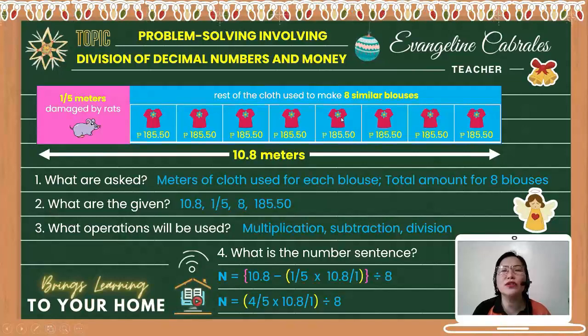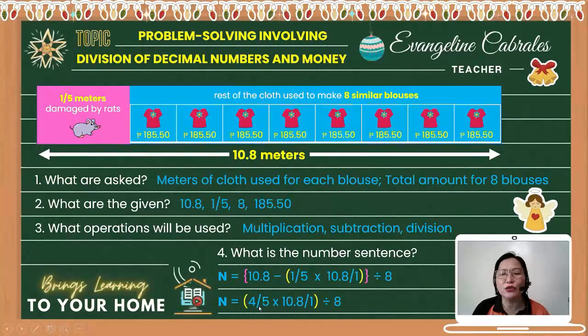So, mula doon sa 5/5, binawas natin yung 1/5, kaya siya ay naging 4/5. At yung 4/5 na yon ay imumultiply natin sa 10.8, yung kabuuang laki ng tela. Okay? Para malaman natin kung ano ba yung ginamit para sa blouse.